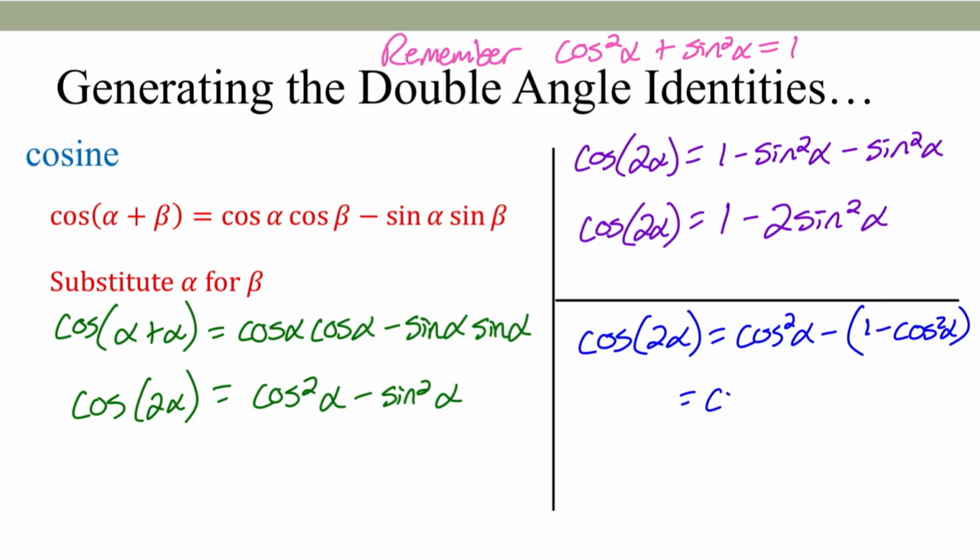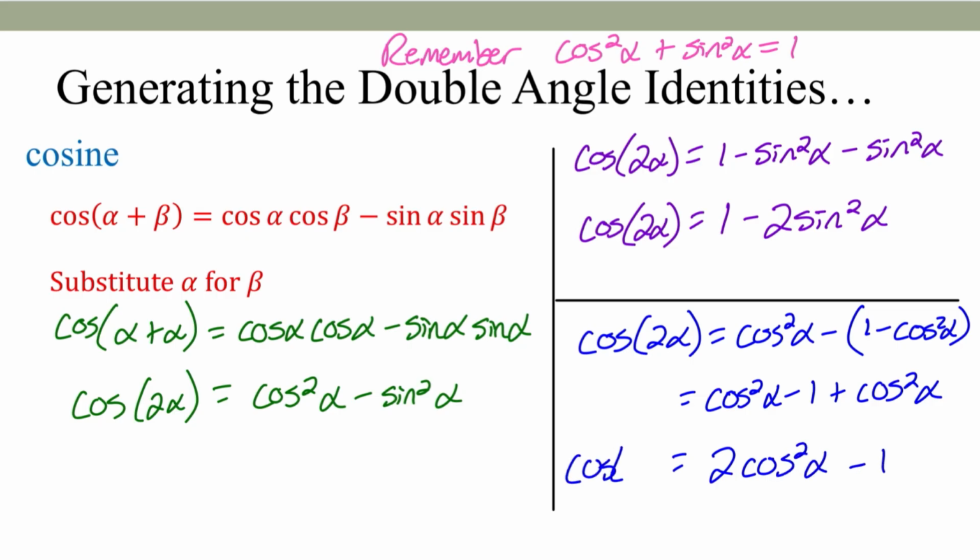So that becomes cosine squared alpha minus 1 plus cosine squared alpha. And look at that, cosine squared plus cosine squared is 2 cosine squared. So we have 2 cosine squared alpha minus 1 is cosine of 2 alpha. So the cosine double angle identity is unique in that there are 3 different versions of it, and you can use whichever one you want depending on your situation.